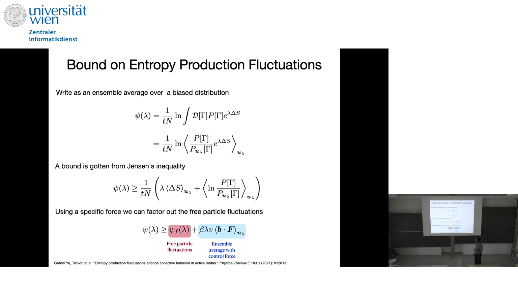Here? Wait, here? Quadratic. Yeah, it's just like an Onsager-Machlup path action. Yes, yeah.